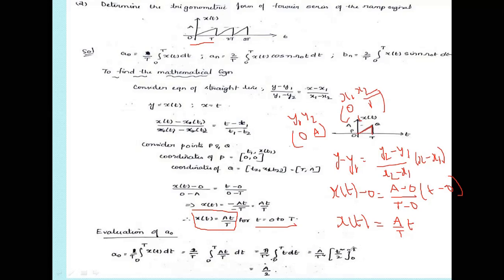So substituting the upper limit, T square, and substituting the lower limit, it becomes 0. The denominator having T square and the numerator having T square, we have only A by 2 as a0. A by 2, the capital A by 2 is a0. Similarly, here you can find the next one, which is an.